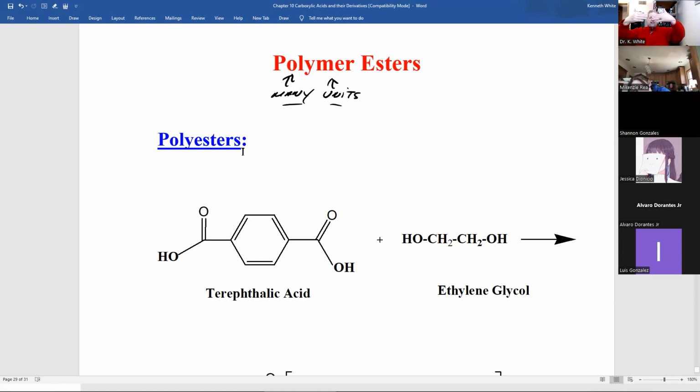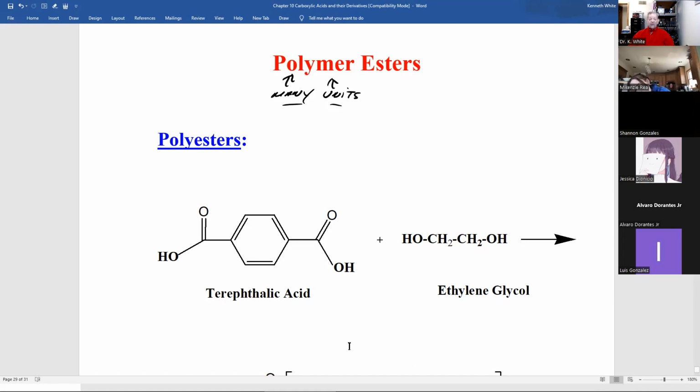Think of a polyester, many esters linked together like boxcars in a freight train. Now, let's look at this one specific one. This is a dicarboxylic acid. Di means two functional groups, actually in this case, three counting the benzene ring, in a molecule. And if we react it with ethylene glycol, what do you get?